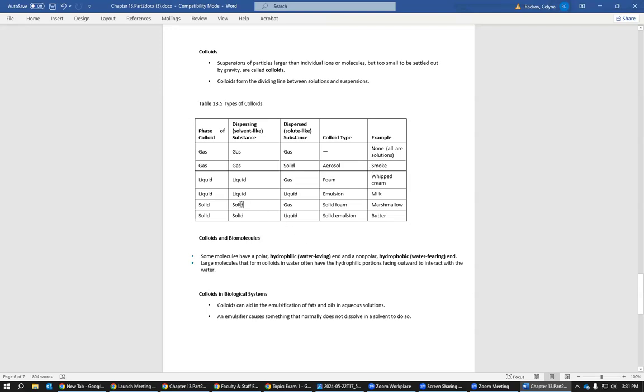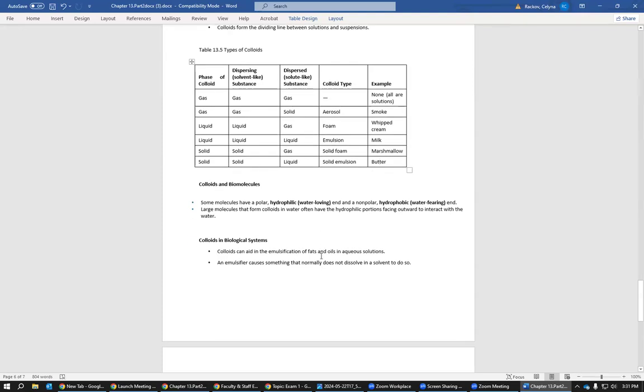If you have a solid as the solvent and gas as the solute, you have a solid foam, for example marshmallow. And if the solvent is solid and the solute is liquid, you have, for example, butter, and the classification of this colloid is solid emulsion.